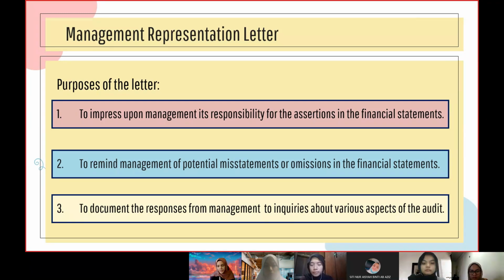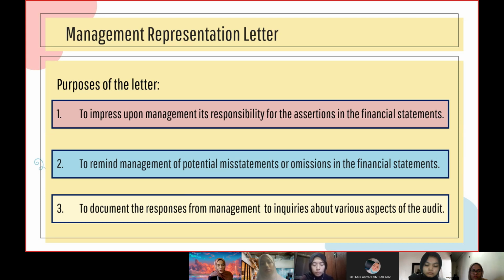Okay, the management representation letter. Why does the auditor need the management representation letter? Because the auditing standard requires the auditor to obtain written representation from management. Usually a letter of representation documents management's most important oral representations made during the audit. Usually the management representation letter is signed by the CFO or CEO of the client company.